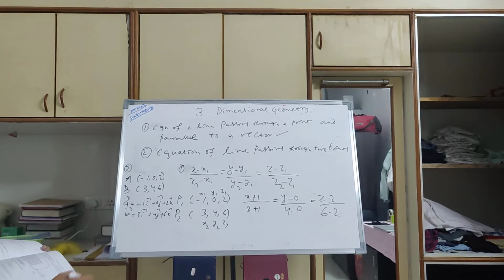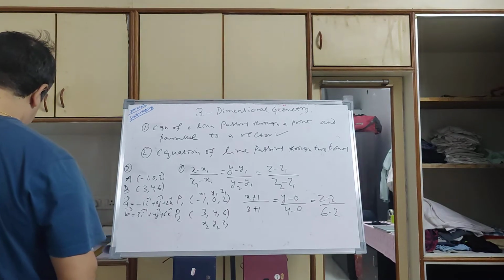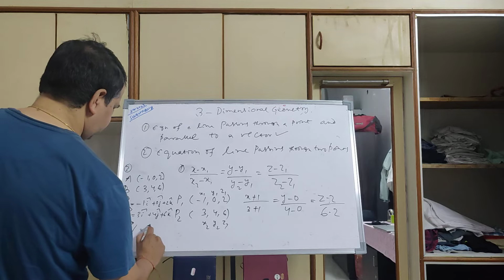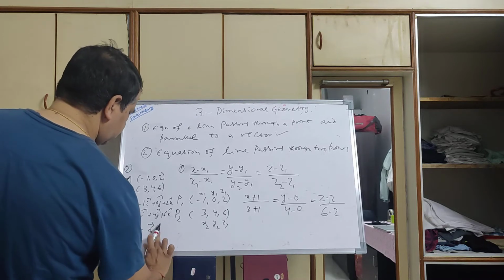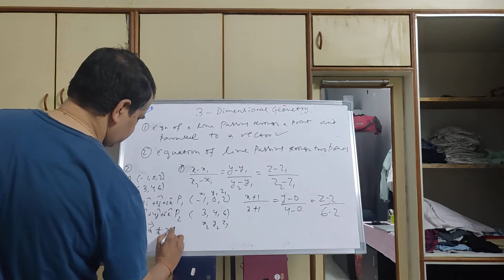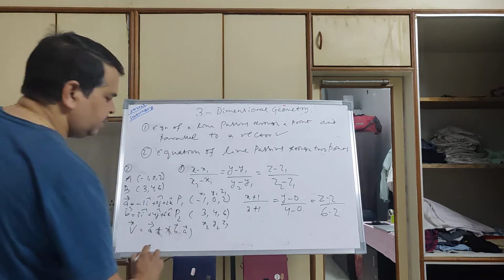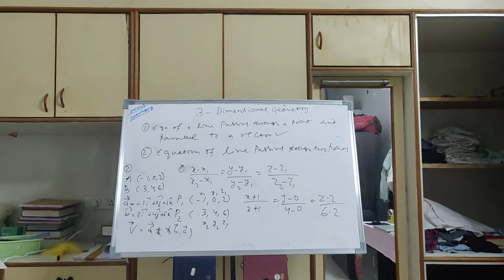The vector equation you can normally write as A plus lambda into B minus A. Just remember this for the vector equation: A plus lambda into (B minus A).